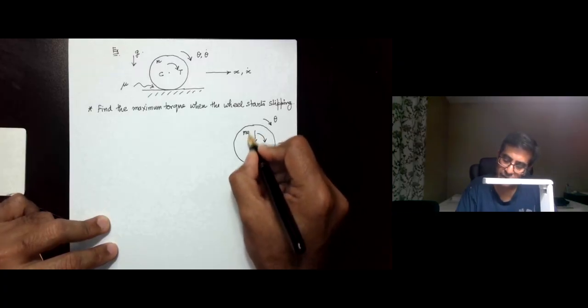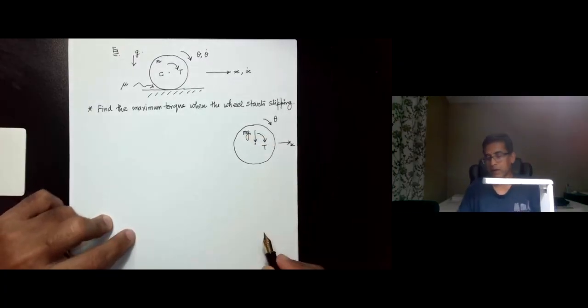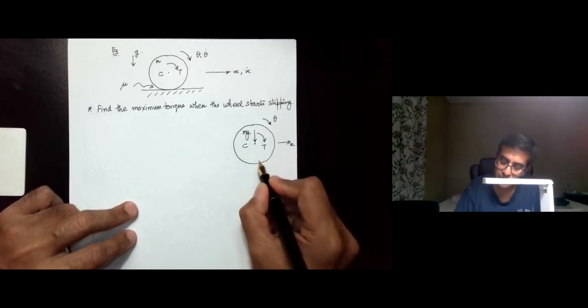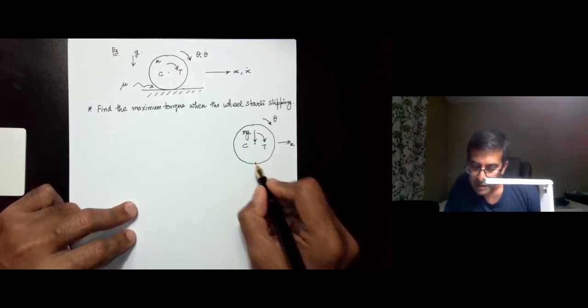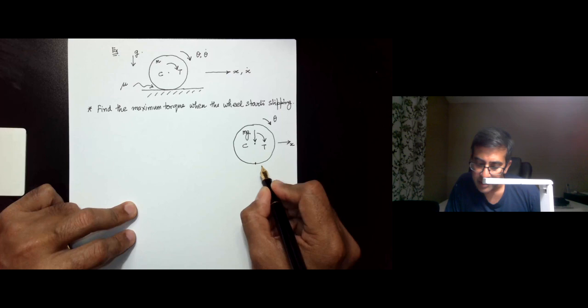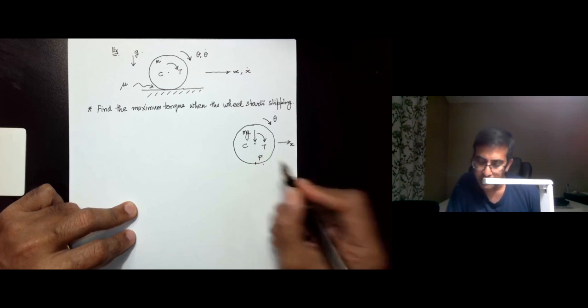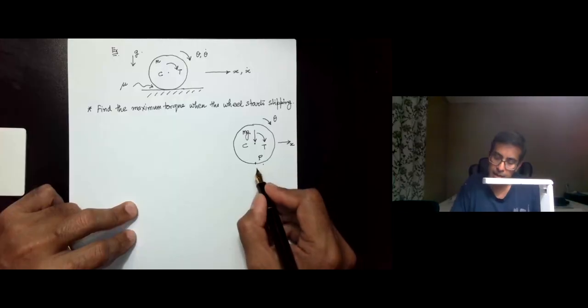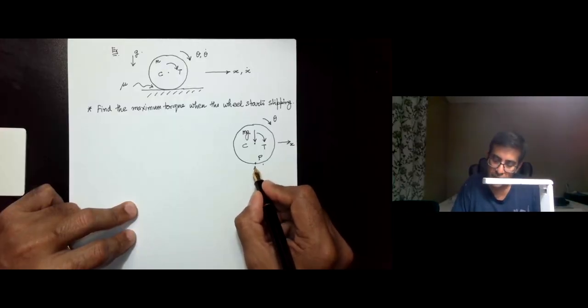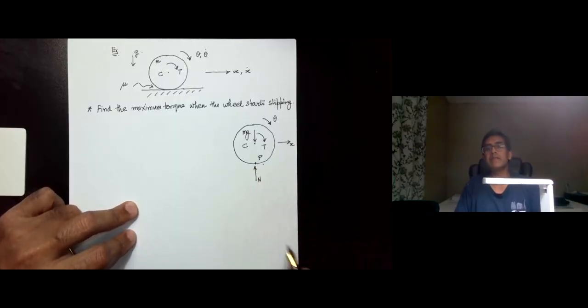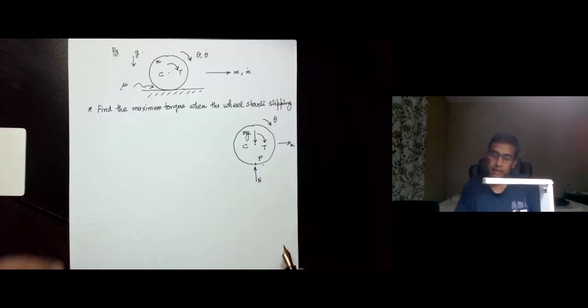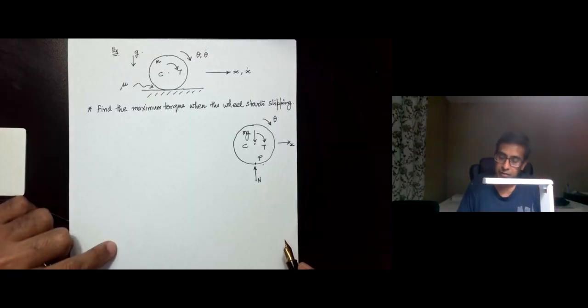There is of course the gravitational force passing through the center. Let's say that the instantaneous point of contact with the ground is denoted by P, and let's say that the normal reaction is N. This is the normal reaction due to the contact between the wheel and the ground.